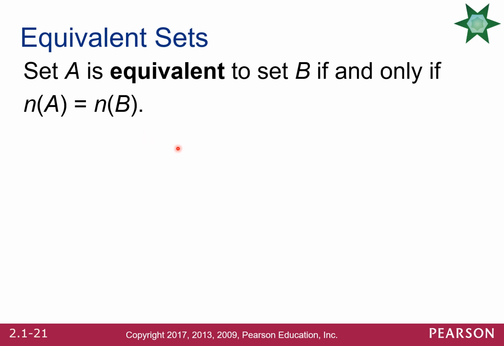In equal sets, two sets have the exact same elements, the same number of elements, and the same values of the elements. In equivalent sets, the values may be different, but the size, the cardinal number, or the number of elements in the two sets are the same.